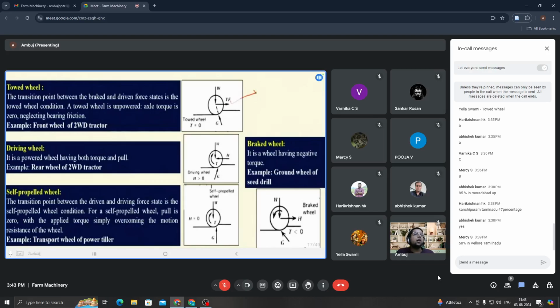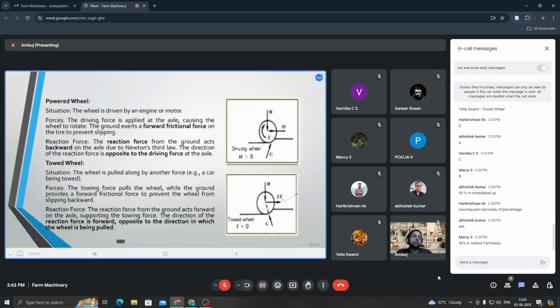Regarding ground reaction, why some ground reaction is there in this direction, that direction, I'll just tell you. Bear with me just a second. In case of my powered wheel, first of all I am talking about the powered wheel. The wheel is driven by an engine or a motor. The driving force is applied at the axle, causing the wheel to rotate.